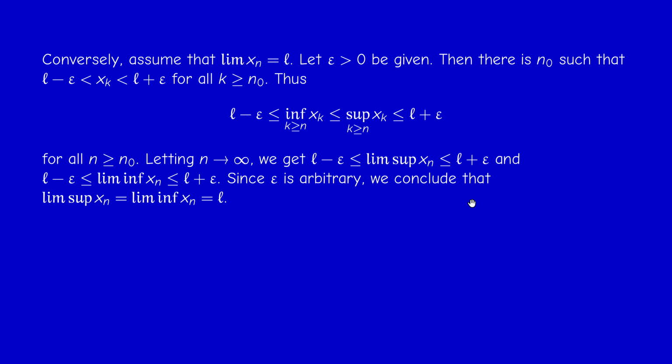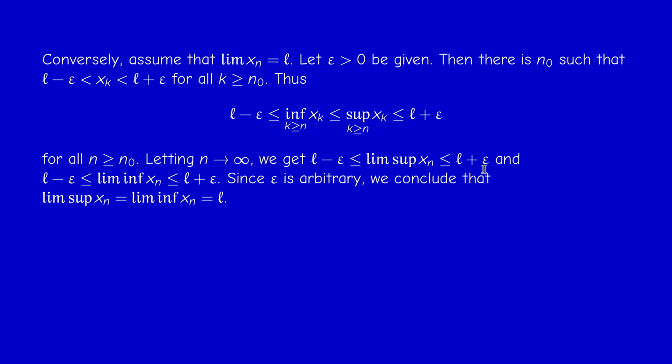Or if you like, another way of seeing this, since the limsup of xn does not depend on n, it's a constant. So we have two constants here. If you like, call this capital L. Capital L is between L minus epsilon and L plus epsilon. And since epsilon was arbitrary, we may let epsilon tend to 0.